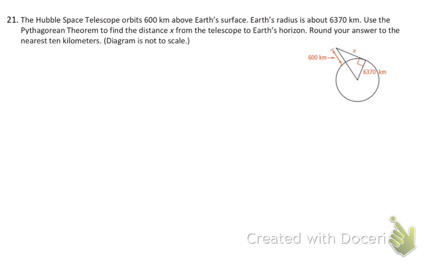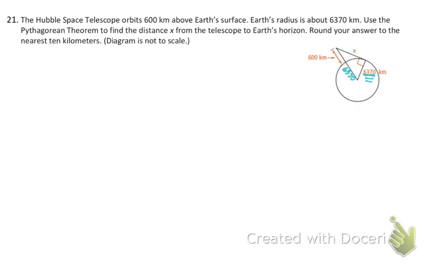So we just need to look at this picture. There's one thing we need to add to this picture. I know this distance. This is unknown. This is what I'm solving for. And I know a chunk of this distance. Well, we have to realize that this circle must have the same value over here. So we're going to copy and paste this 6370, and I'm going to paste it right here, 6370.